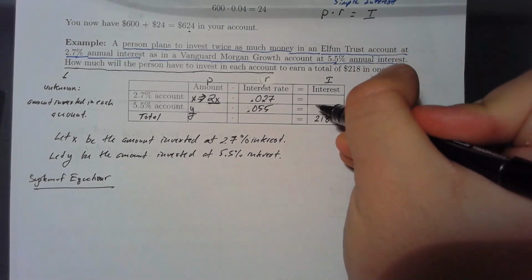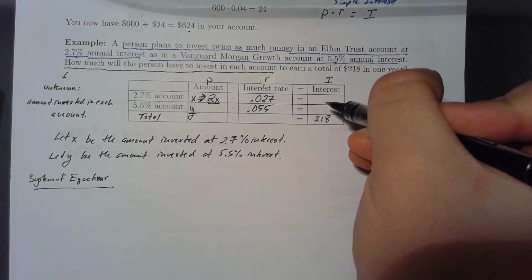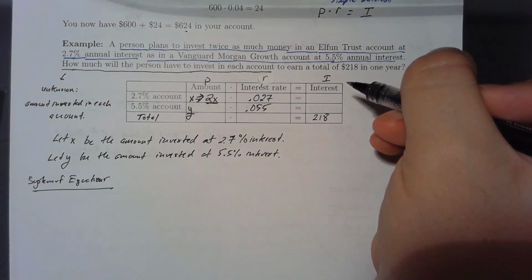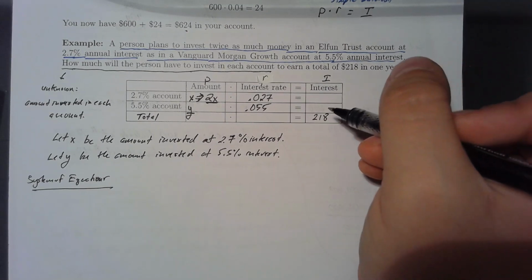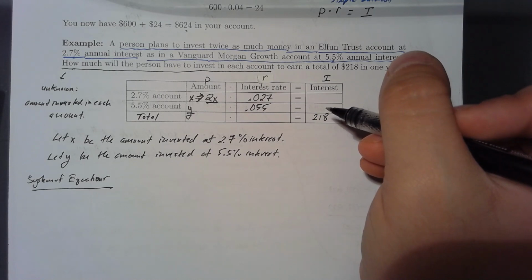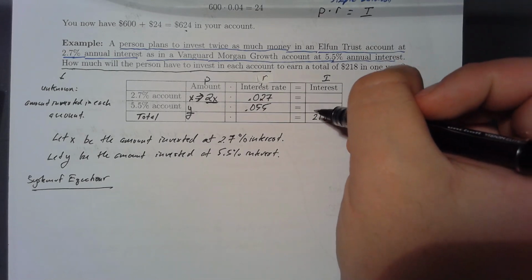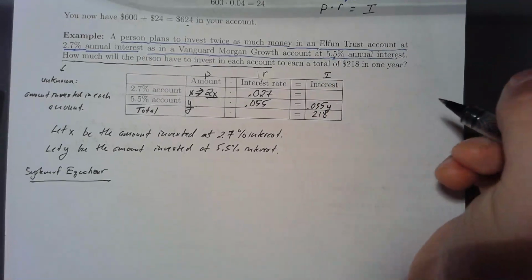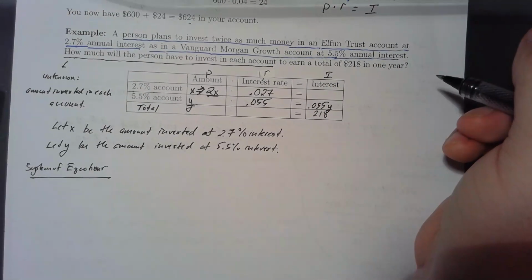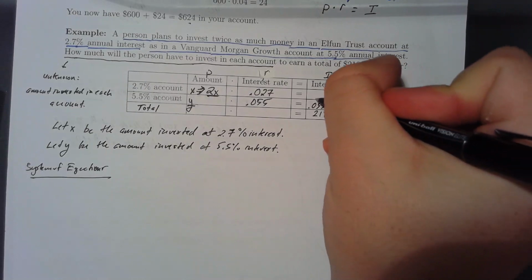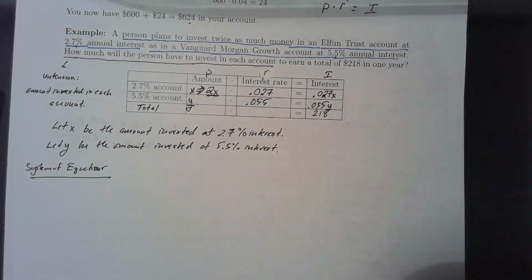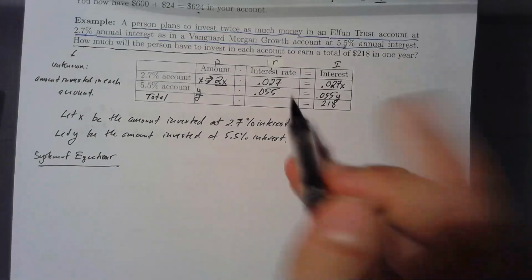Our equations are going to be, well, I know this one's going to be 0.055 times y. This one I'm going to write as 0.027 times x. Just bear with me for a second.